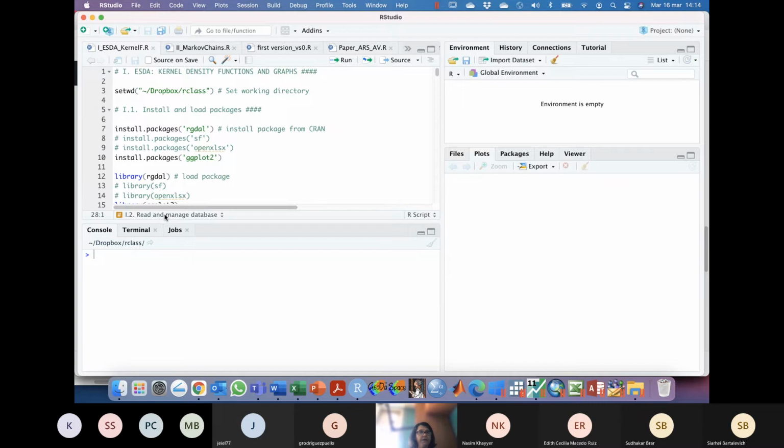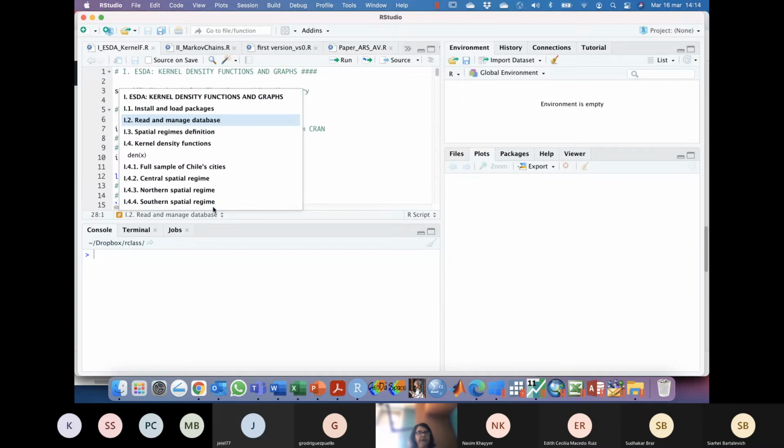Okay, here if I press in this part, I can see the menu for this first file. It consists of installing and loading packages, reading and managing the database, defining spatial regimes, and defining the kernel density functions.